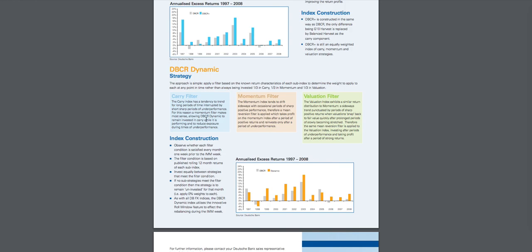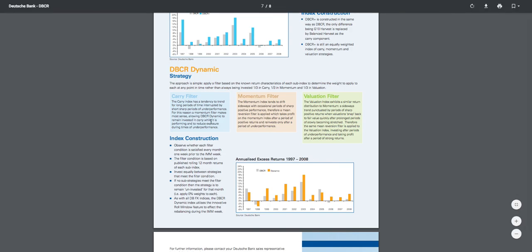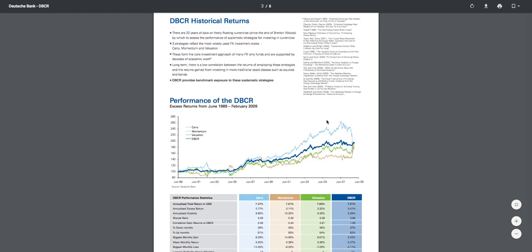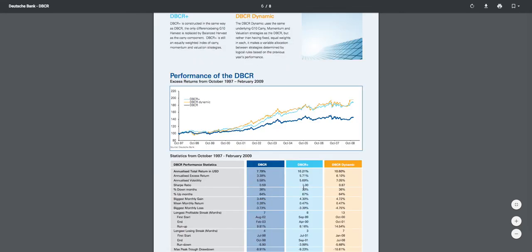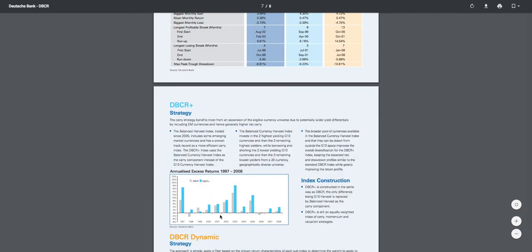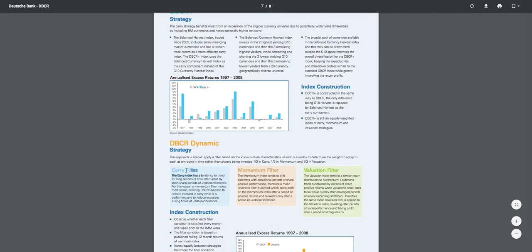the carry filter applies a momentum filter to forecast returns. And this is because if we go back to the carry index, it goes long trends for long periods of time, and then it'll plummet. And really what this momentum filter they apply does is, well, they call it the carry filter, but it forecasts future returns using momentum.